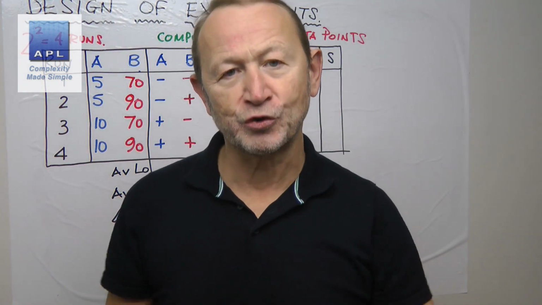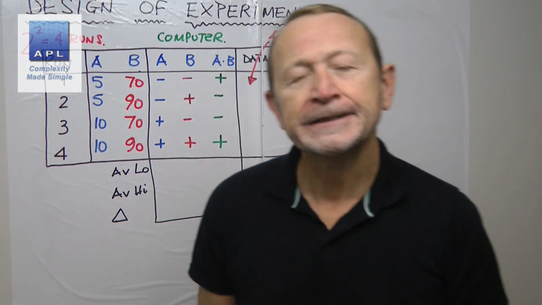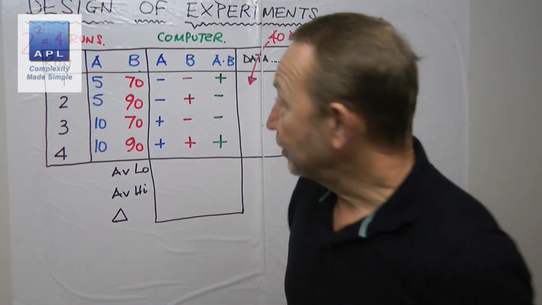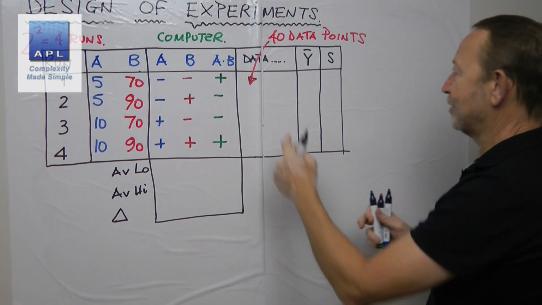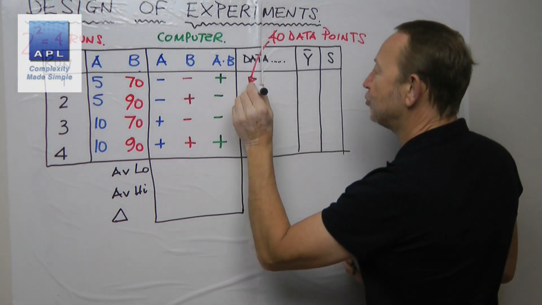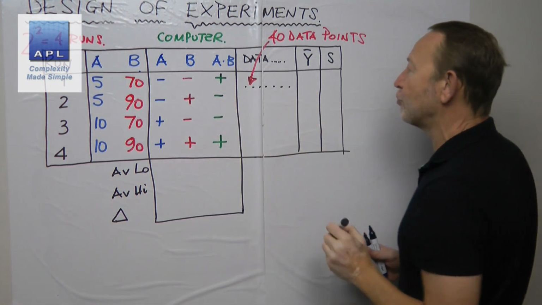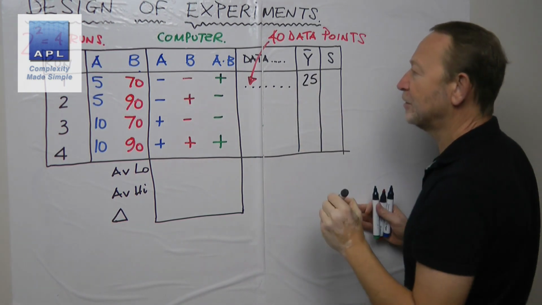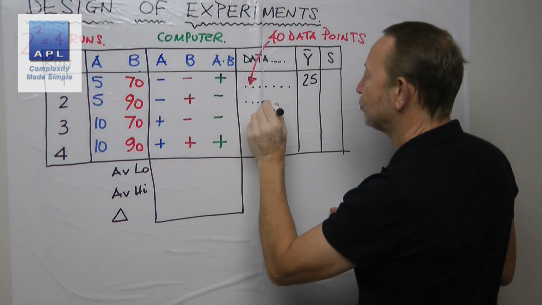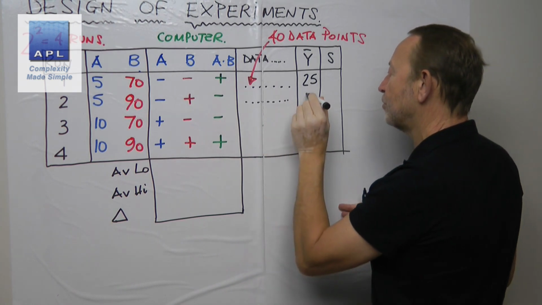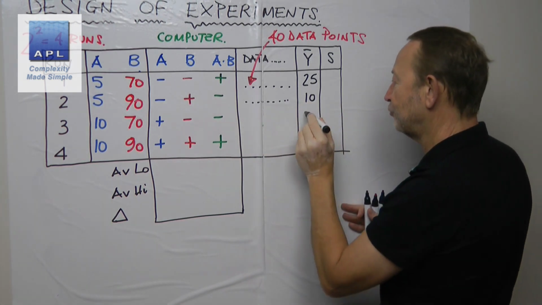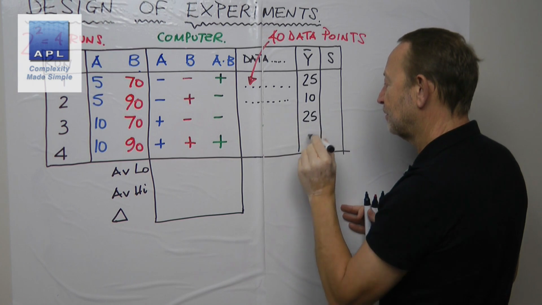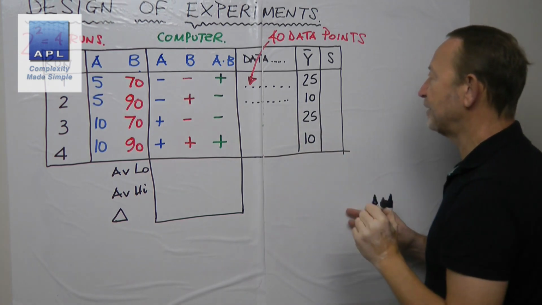So let's assume that we've done the DOE and collected the data. Then you take your data points across row 1 and work out the average. You take your data points across row 2 and work out the average, all the way down.